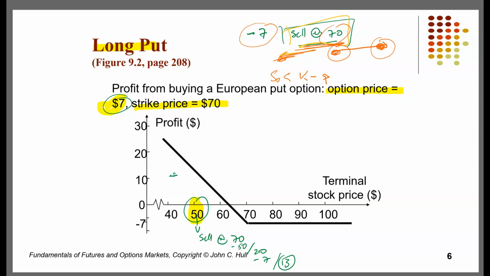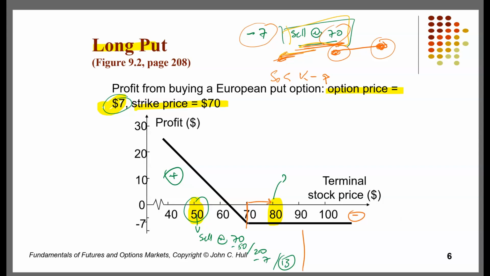So on this side, we're going to have a positive. On that side here, we're going to have a negative. And the negative is simply suggesting to us that when the price of the underlying is above 70, let's say at 80, what would you do? Well, at 80, you wouldn't want to exercise the option, right?